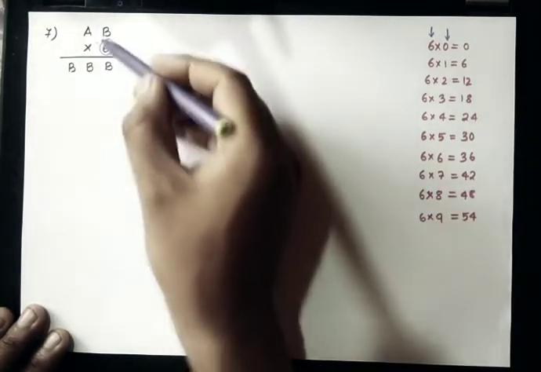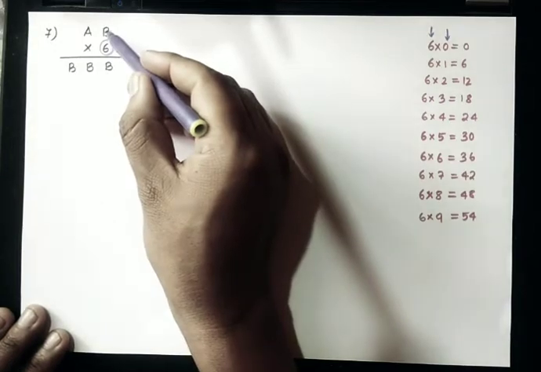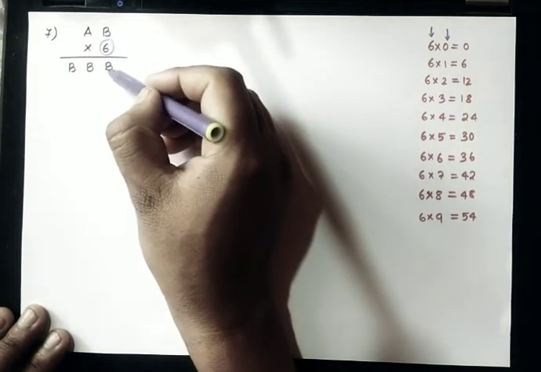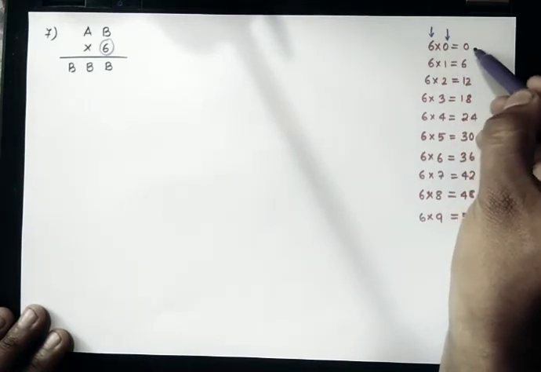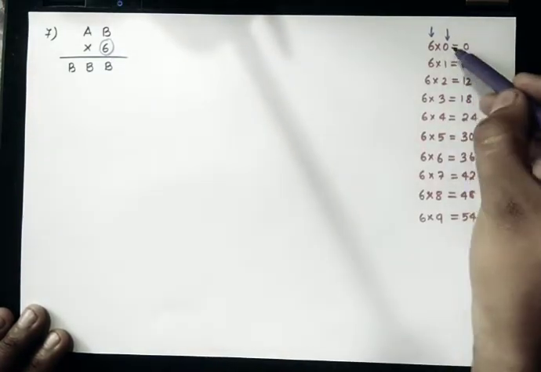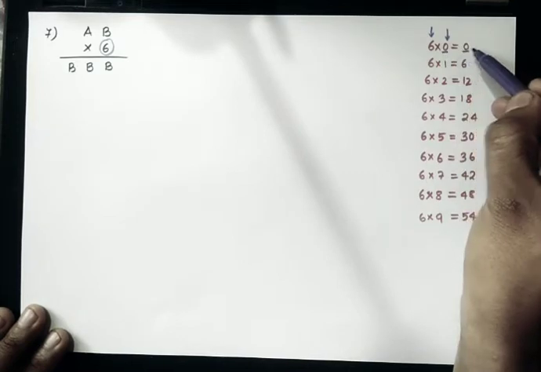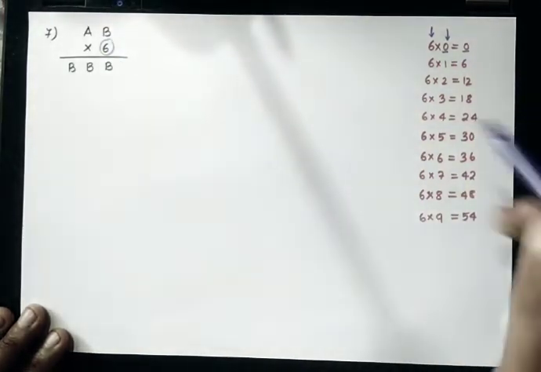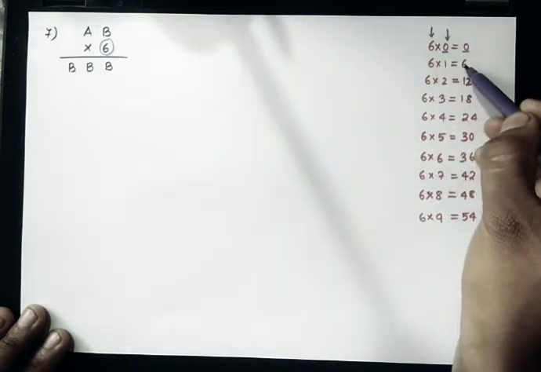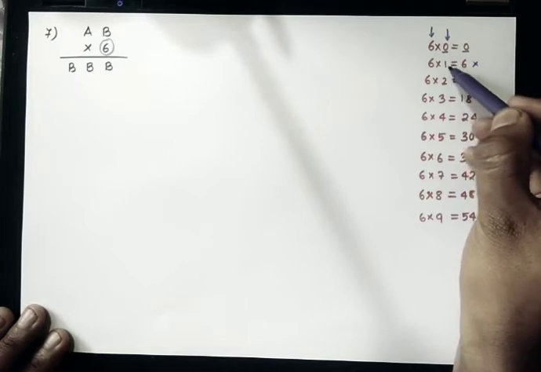Now whenever you are multiplying b, you are getting again b, right? So you have to get the same number in the units place or ones place. Here we have got 0, and here also we are getting 0. So we are getting b and b, the same number. Here we have got 1, but here we have got 6, so this cannot be the value for b.